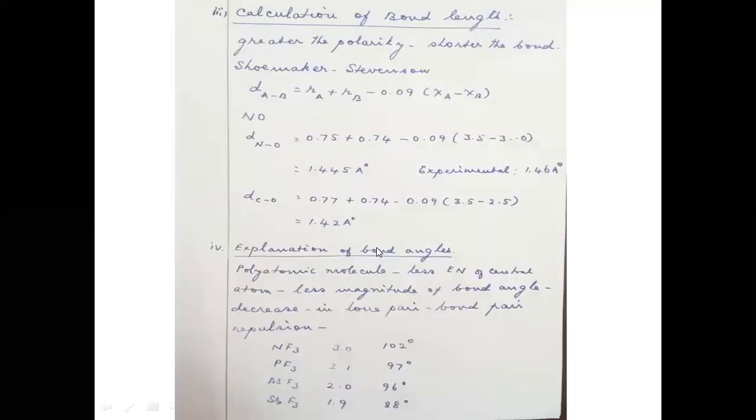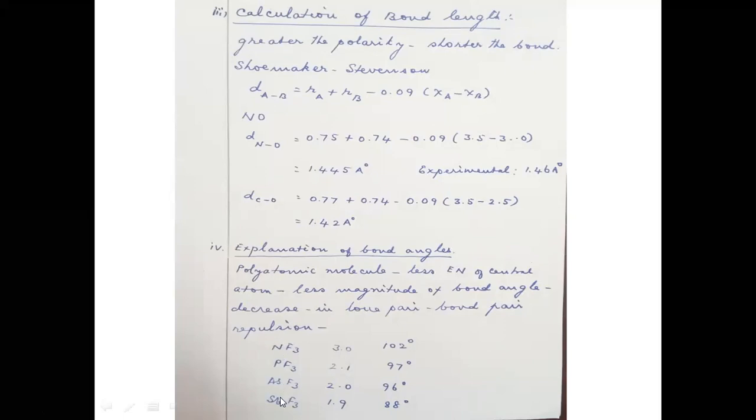Now look here. Another thing is the explanation of bond angles. Explanation of bond angles can also be obtained from electronegativity studies. In the case of polyatomic molecules, what about the electronegativity of the central atom? So this is the central atom: nitrogen, phosphorus, arsenic, antimony.